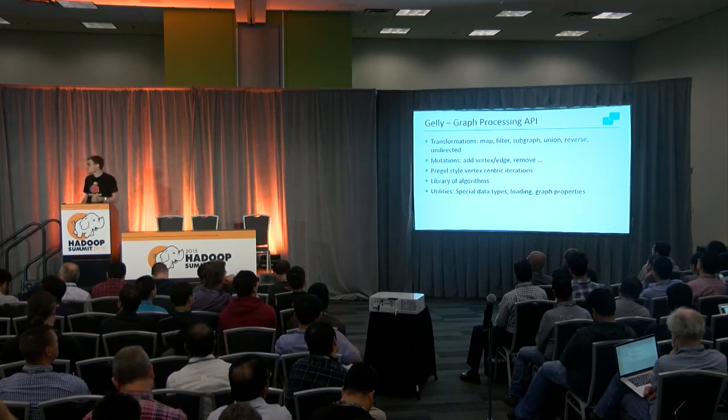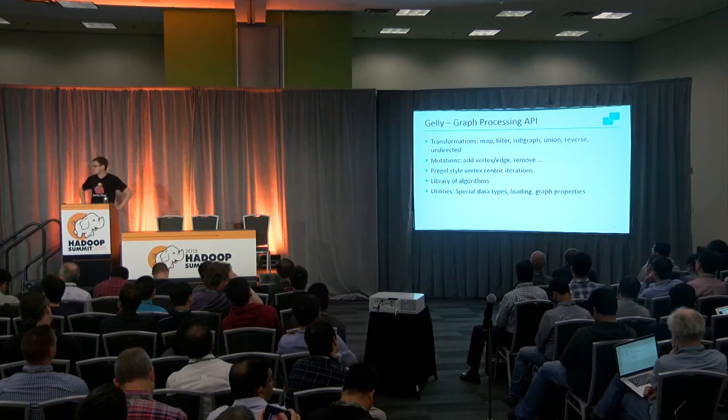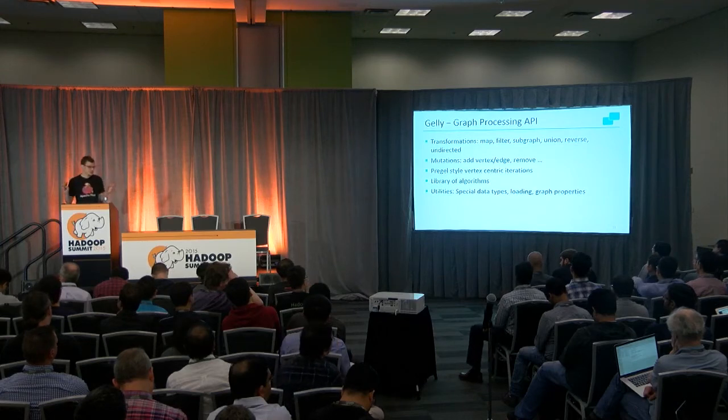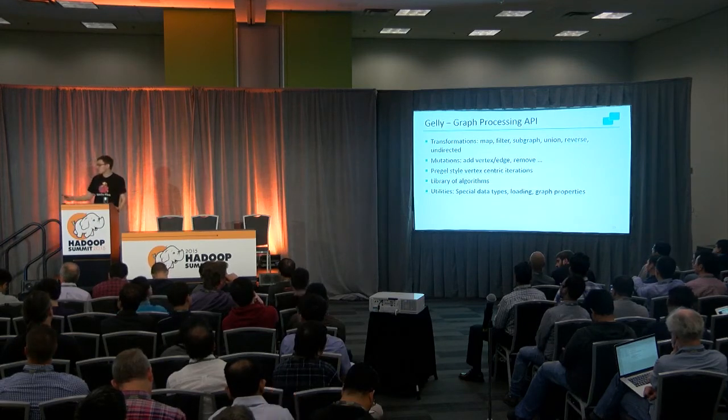You can also execute Pregel-style vertex-centric iterations on top of that. So it's this BSP processing model where you send messages to the nodes so they communicate to each other. And we also provide a set of libraries in there that you can use to execute known algorithms on your data.